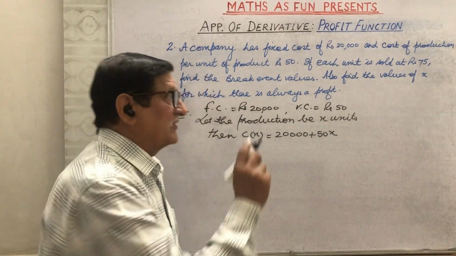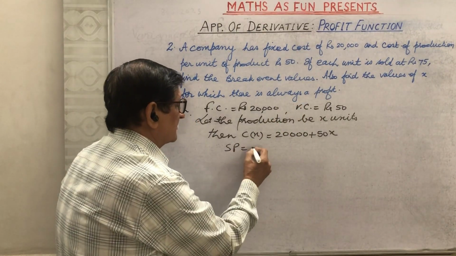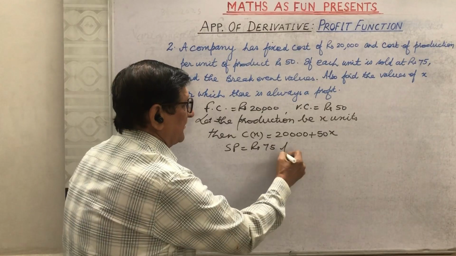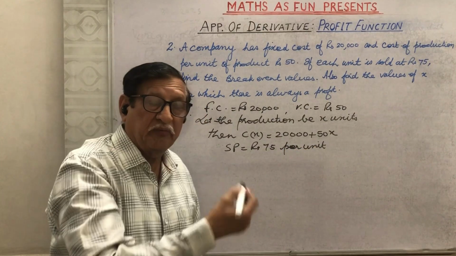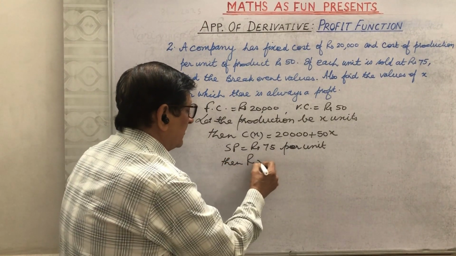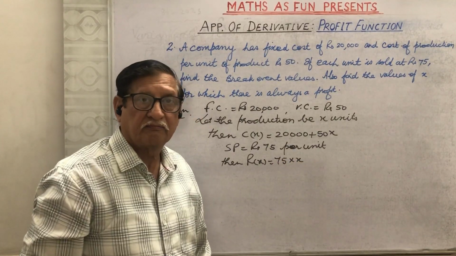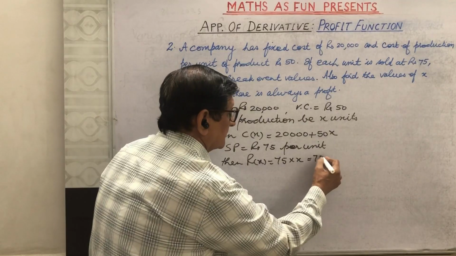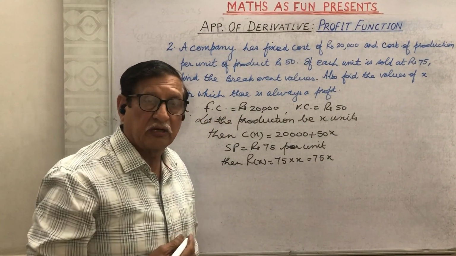Now when it is given that the selling price is rupees 75 per unit, what will be the revenue function? Then revenue function R(x) will be 75 into x or not? That is 75x, because we are producing x units and we are selling the x units.